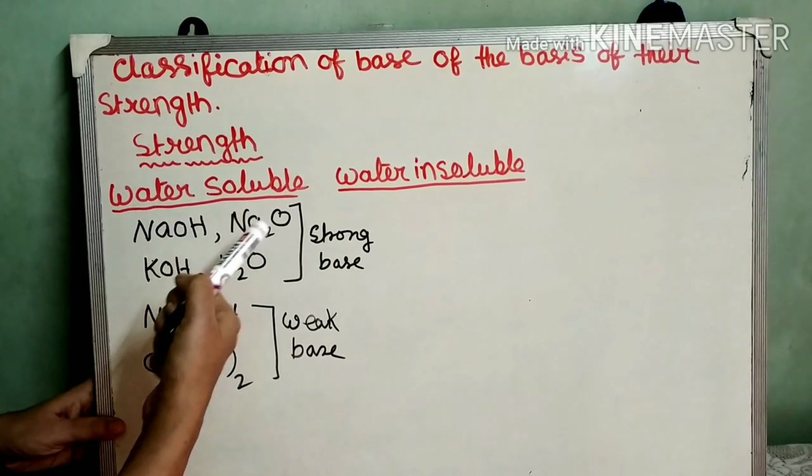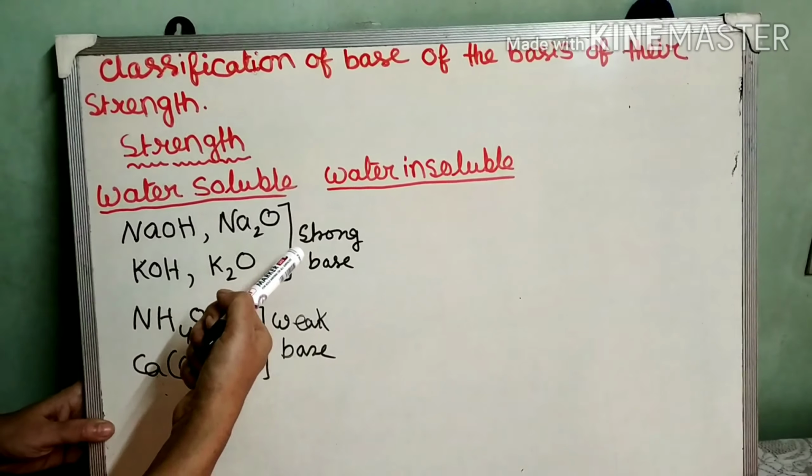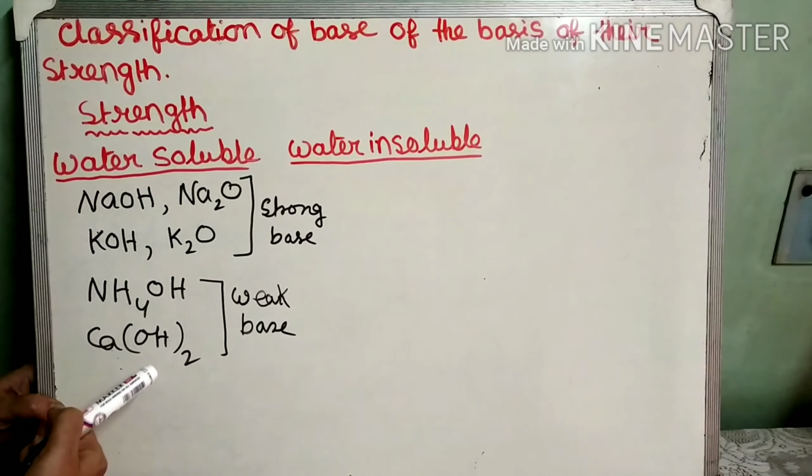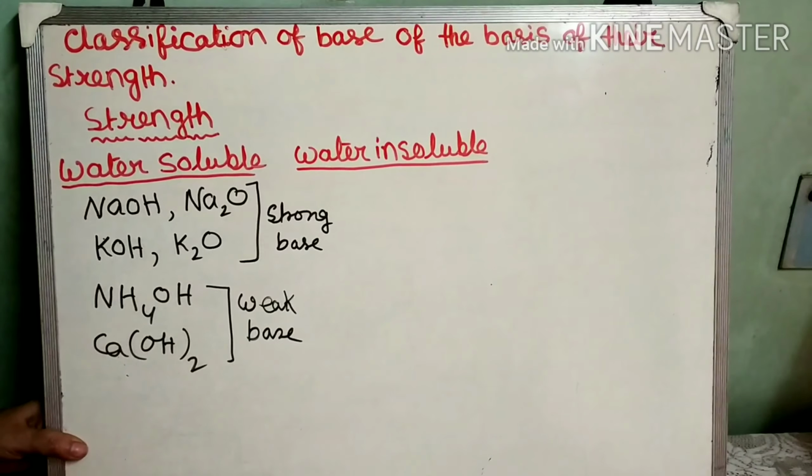So NaOH and KOH are strong bases as they completely dissociate. NH4OH and Ca(OH)2 are weak bases as they only partially dissociate.